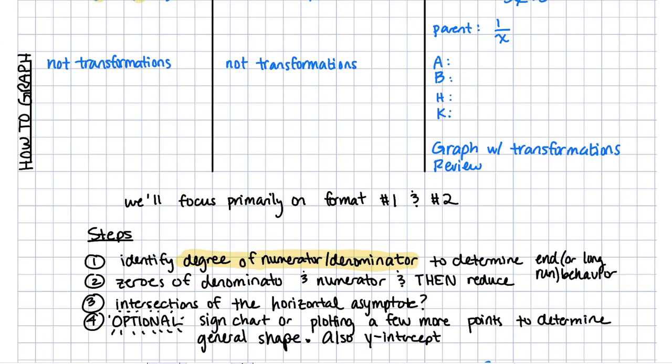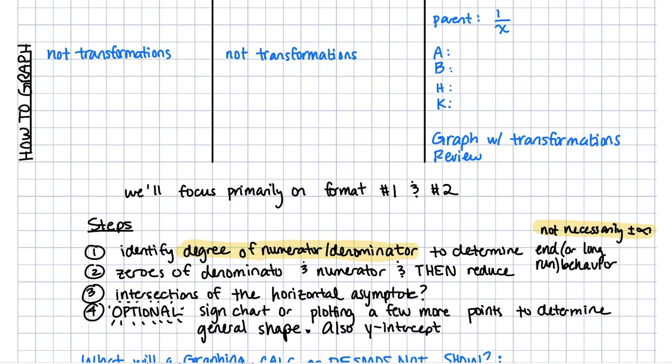But for these rational functions, it's not necessarily plus or minus infinity. In fact, for a lot of the examples we're going to see, it's not going to be plus or minus infinity. I want you to get that in your mind right away, knowing that these have a slightly different behavior than polynomials because they are fundamentally a different type of function. So we're going to identify the degree first, and have at least in our mind what kind of end behavior we are looking for.